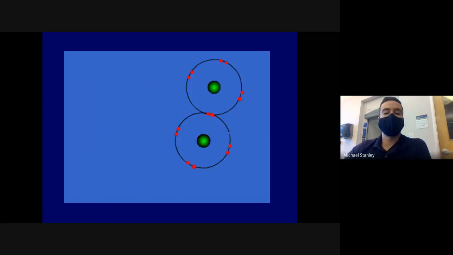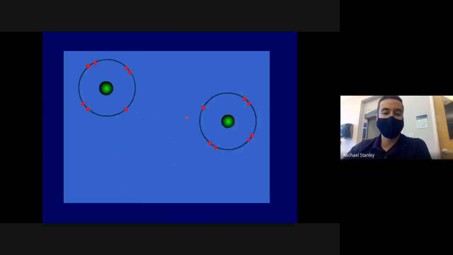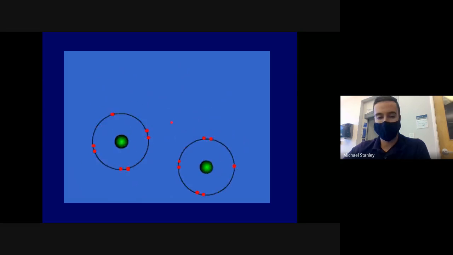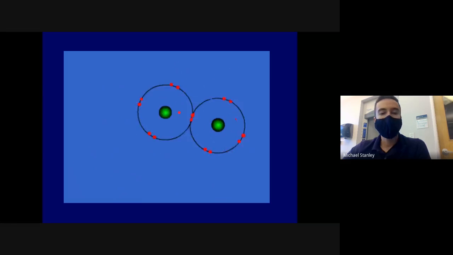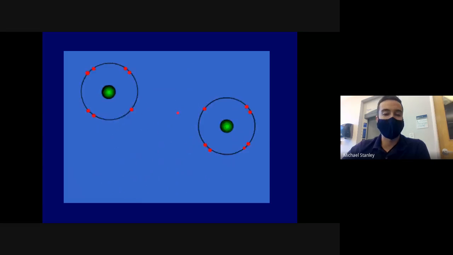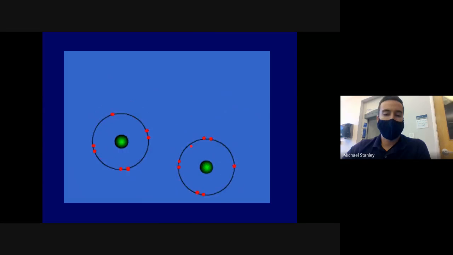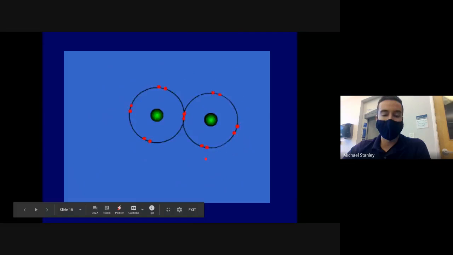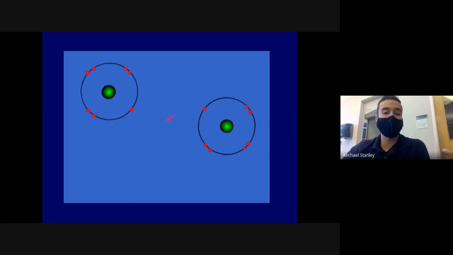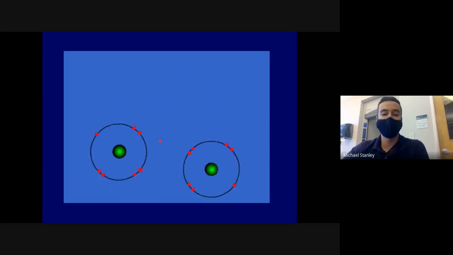So this can also happen with things like, I'm trying to remember what has 7. I think it's fluorine. So F, the element fluorine, has 7 outer shell electrons. And so fluorine can bond with itself because each one of these atoms has 7 electrons on its outer shell. When they bond together, they'll each share that final 7th electron.